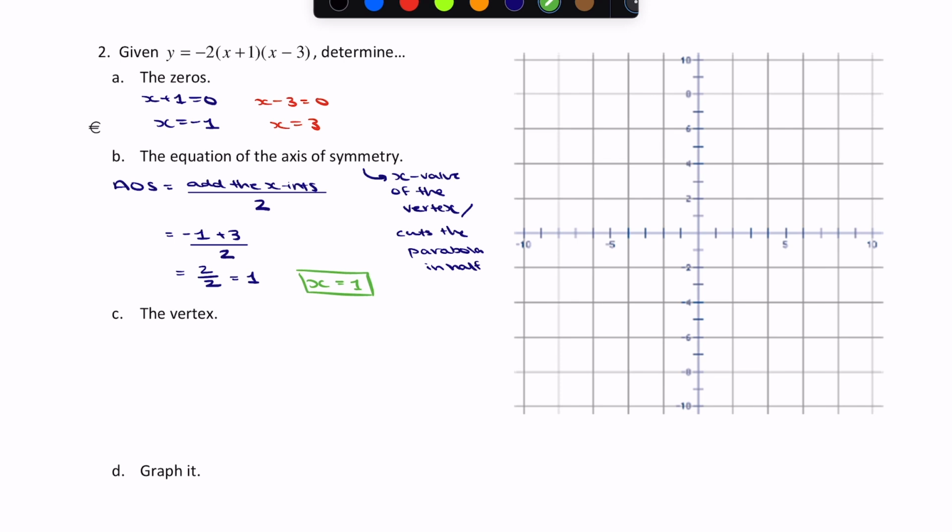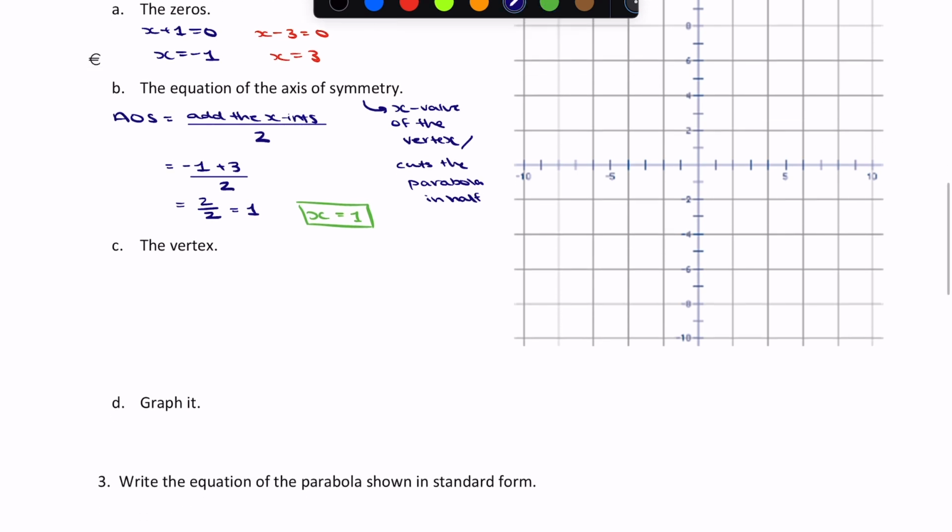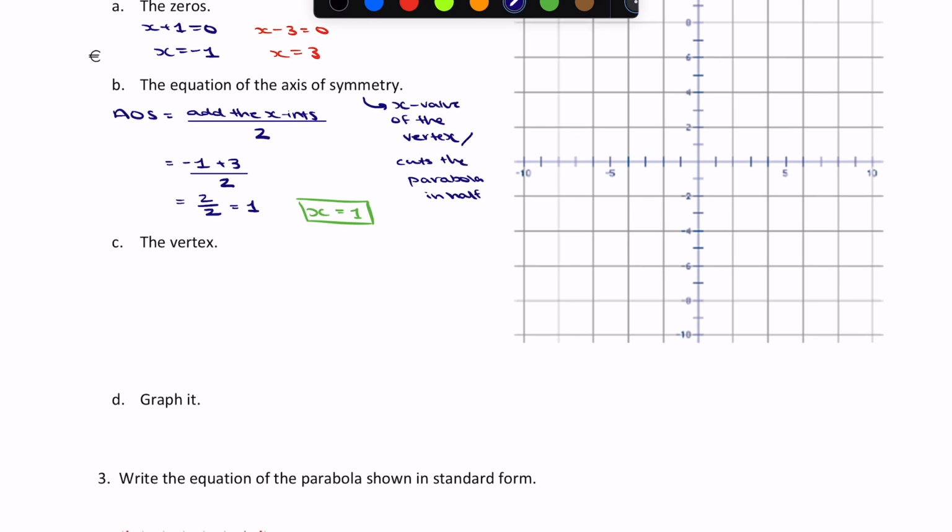So our vertex, if the axis of symmetry is the x value of the vertex, we can sub in to find the y. So y is equal to negative 2, 1 plus 1, 1 minus 3. So here what we did was we subbed x is equal to 1 into the equation.